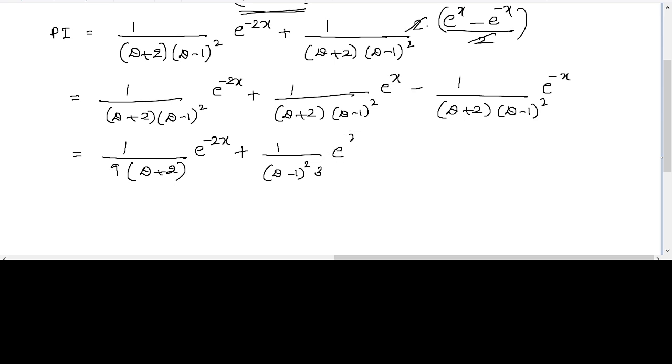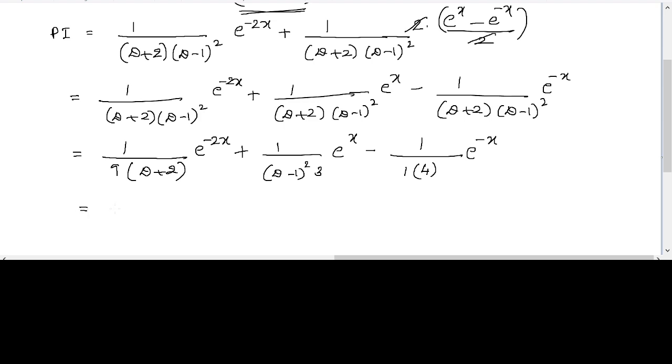So the remaining thing is e to the power of x minus. Here, even by replacing D by -1 we don't get 0 in the denominator, so we can substitute for D in the third term completely. So we take (-1+2), that becomes 1, into (-1-1) whole square, that is plus 4, e to the power of -x.